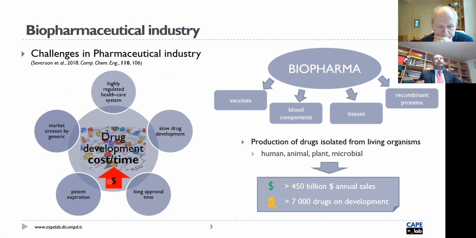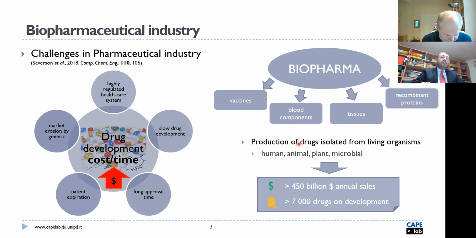However, there is a sector, biopharmaceutical production, which is increasing its importance. Think of vaccines today, but it is not limited to vaccines. There are a lot of classes in which we can find interesting products such as blood components, tissues, recombinant proteins, and so on.